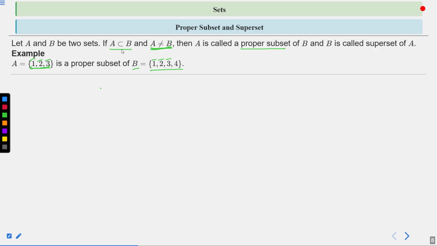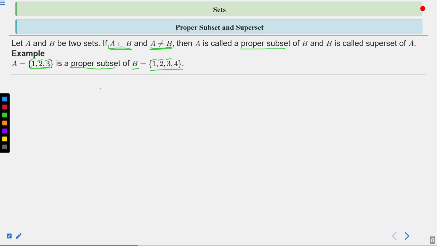Two conditions must be fulfilled in order to be a proper subset: A must be a subset of B, and A not equal to B. We have seen A is contained in B, meaning A is a subset of B, and you can easily see that A is not equal to B. So fulfilling both conditions implies that A is a proper subset of B.